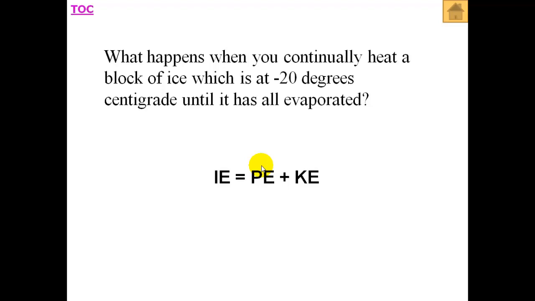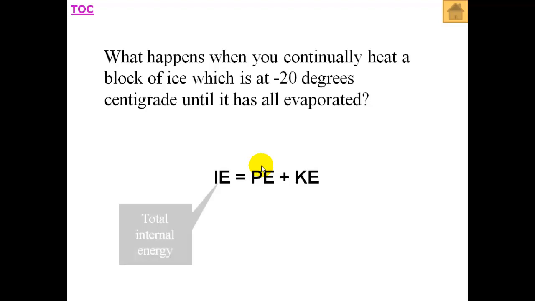The internal energy is a sum of the potential energies and the kinetic energies of the particles in the ice. As we apply thermal energy, we'll be raising the internal energy and will cause a rise in either the potential energy of the particles or the kinetic energy of the particles.